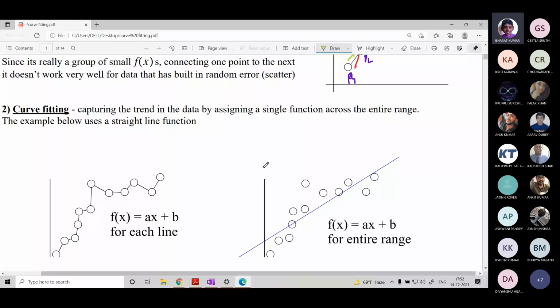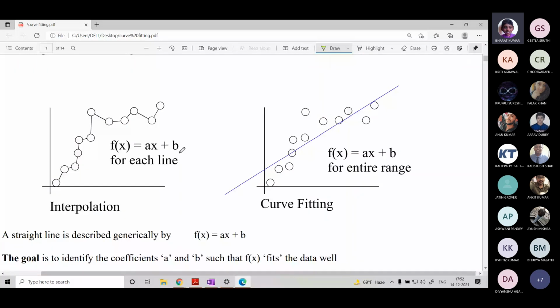So here you see, again, if you try to fit a polynomial, it will have several zigzags, up and down. We do not want to do that. Maybe we can fit a third degree polynomial looking at the data.